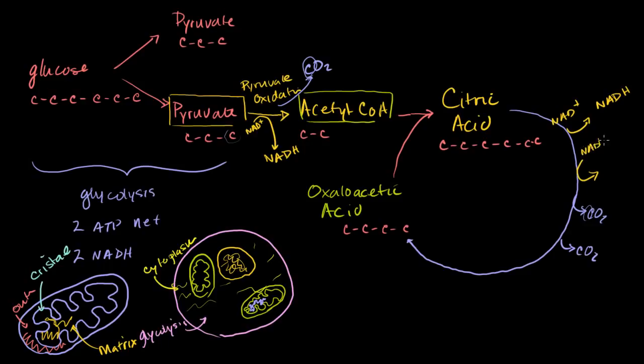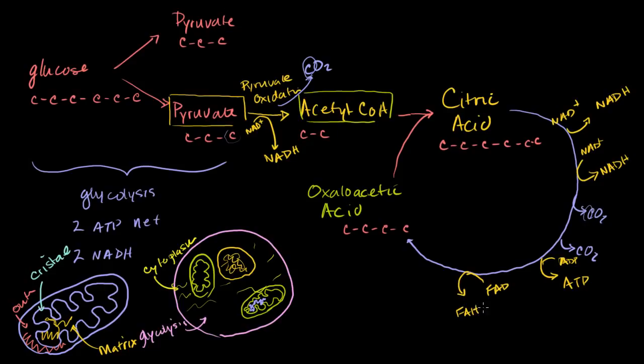Another NAD+ molecule will be reduced to NADH. Maybe we'll produce some ATP, some ADP will turn into ATP. ADP turning into ATP. Maybe we have some, and not maybe, this is what happens. Some FAD gets, let me write it this way, some FAD gets reduced into FADH2.